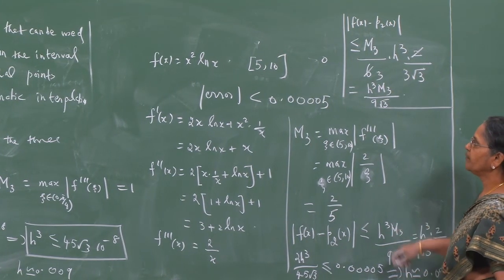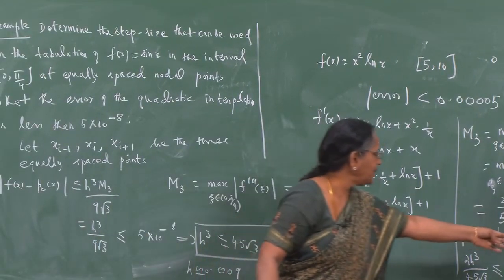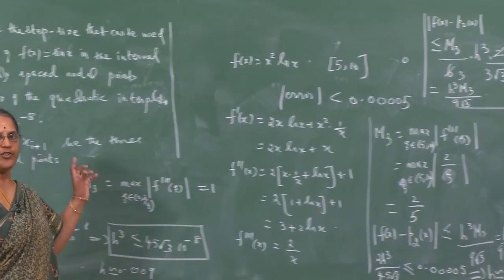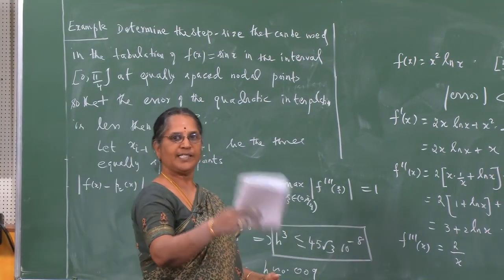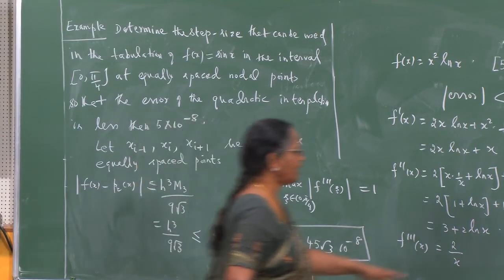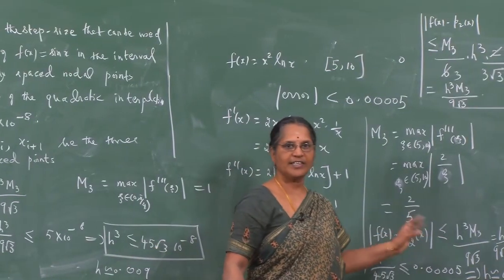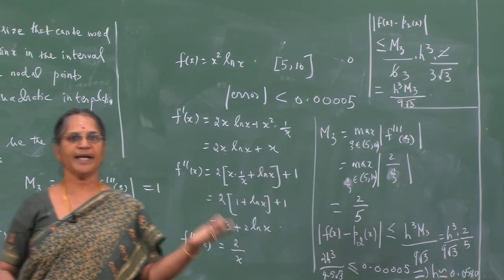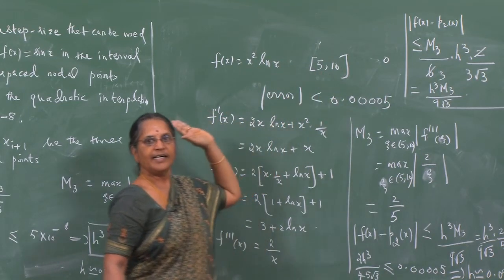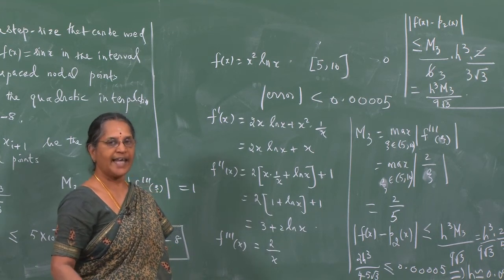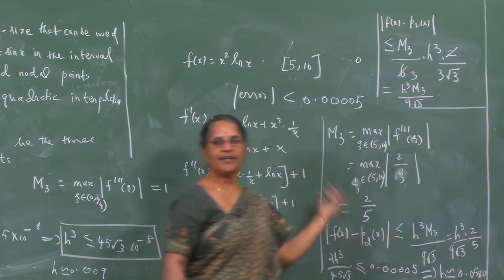So if you take the step size h to be approximately 0.058 and choose 3 points x i minus 1, x i, x i plus 1, which are equally spaced such that x i is x i minus 1 plus this h, and x i plus 1 is x i plus this h, then if you approximate this function x square log x in this interval by a quadratic interpolating polynomial, the error cannot be greater than this value. That is what the result says.